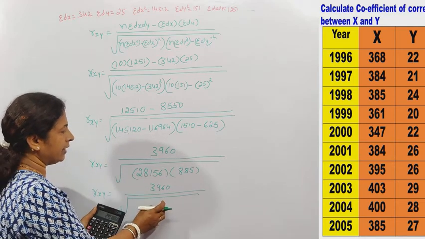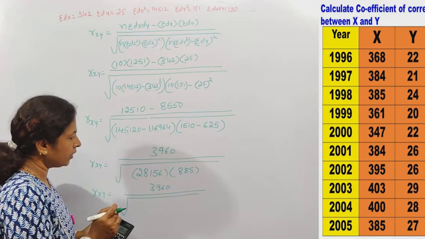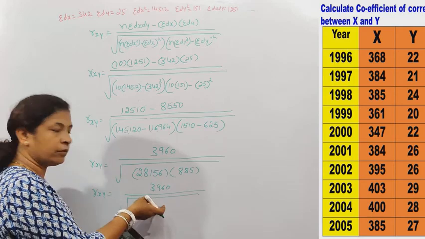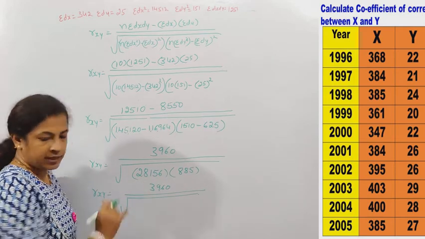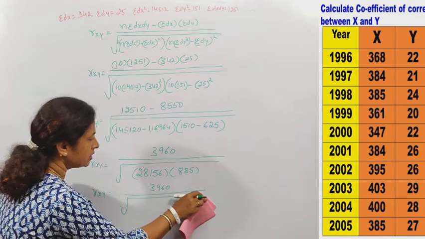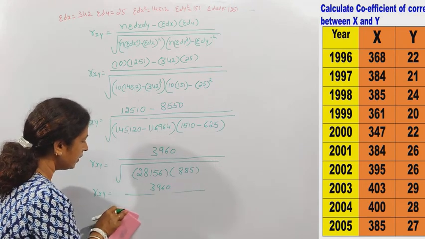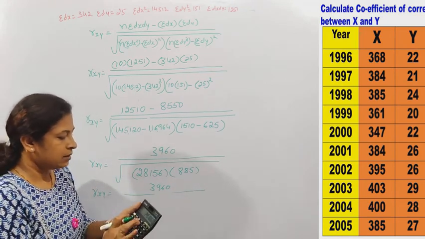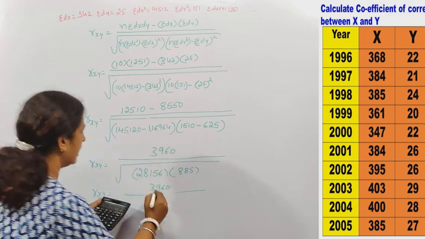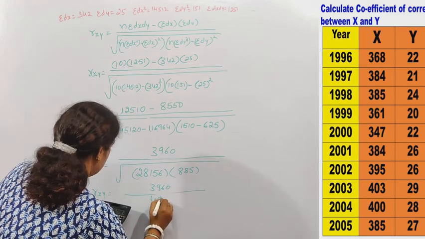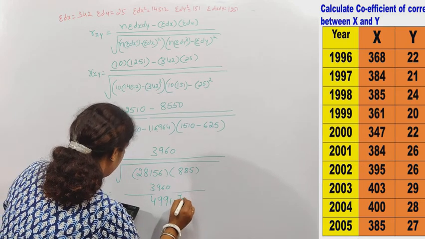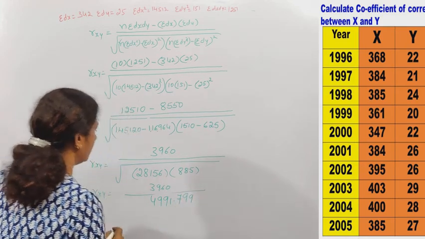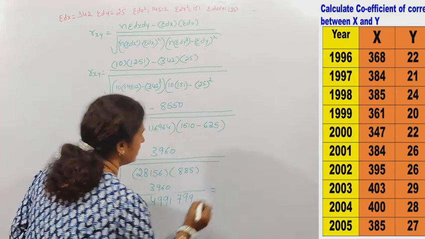So instead of writing this number, and later finding the root of that number, you can skip one step. Press root here, so you will get 4,991.799. Okay, later it is very simple.